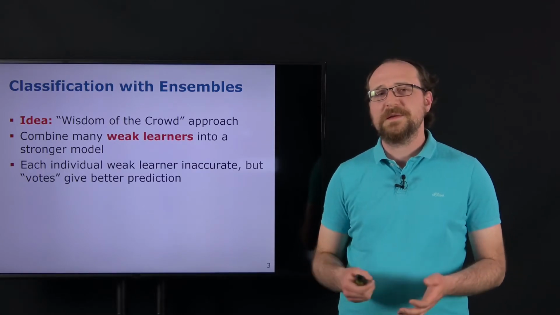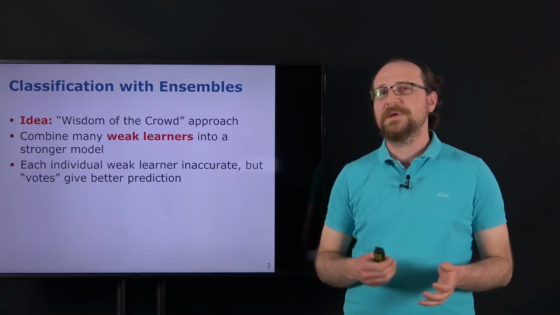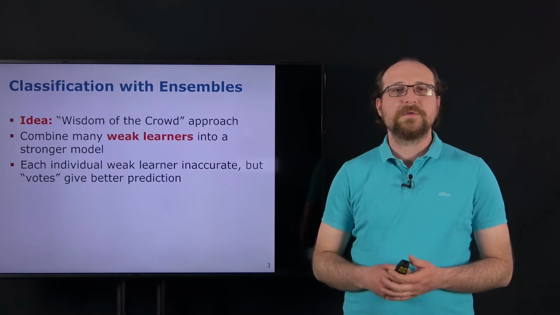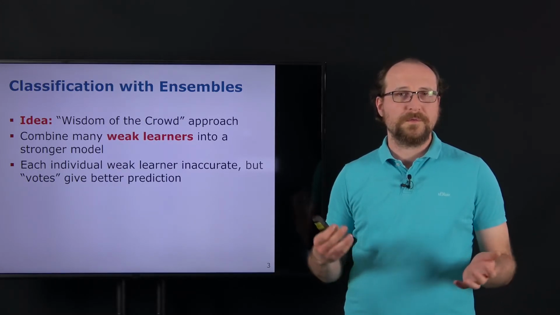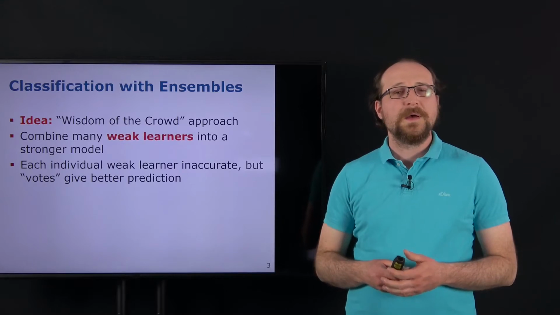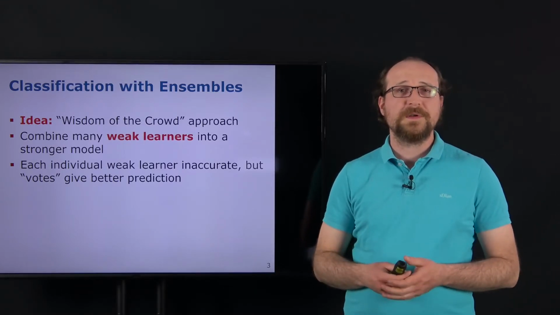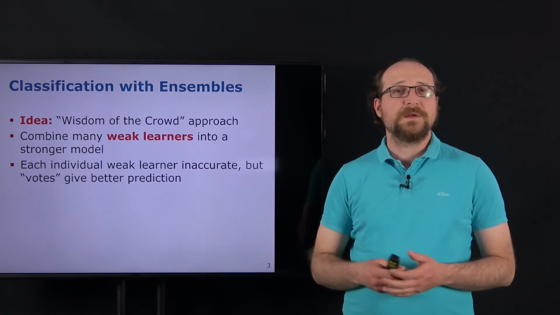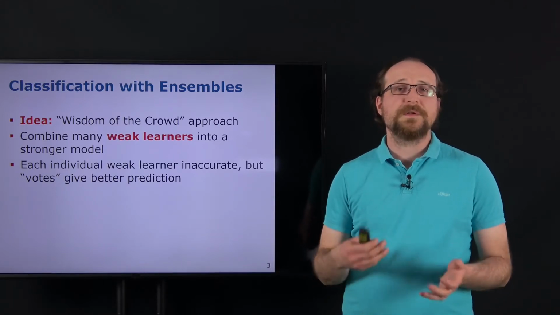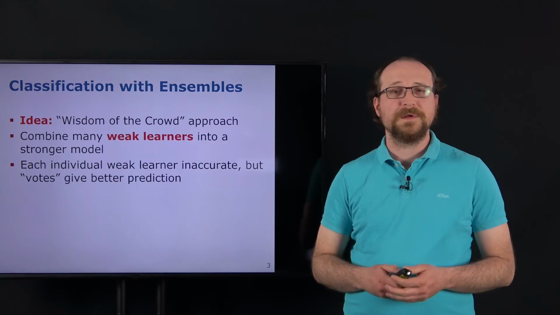As I said, each individual weak learner is maybe inaccurate, so it will not always return the right prediction in the end. But the vote that it gives for some specific data point can then be aggregated from multiple weak learners such that it gives then the right prediction in the end.